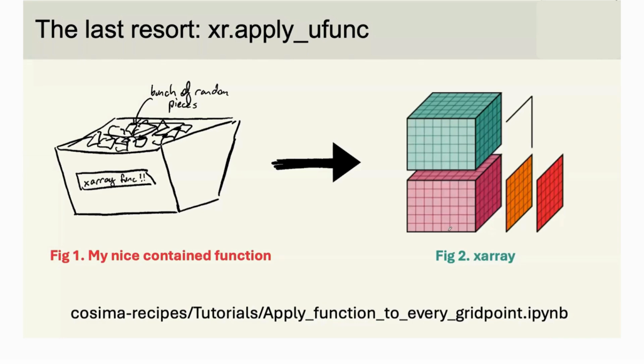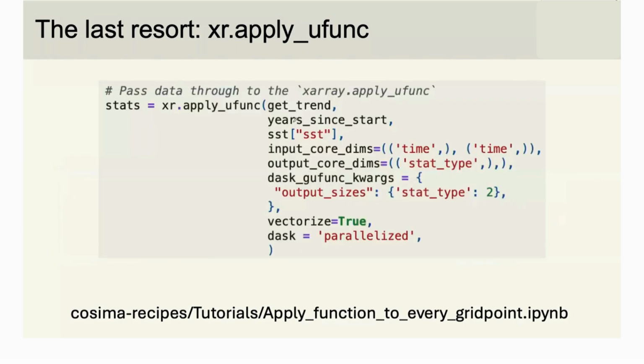Xarray does not decide the way to slice things up, you have to. There's another line up above here that I've cut off, but you generally have to be really careful with your chunks before you put any information into that function. And then these lines at the bottom say, yes, I'm okay with it being vectorized, but the function can't do it on its own. And so it does the same thing one by one to the chunks that you've pre-established.